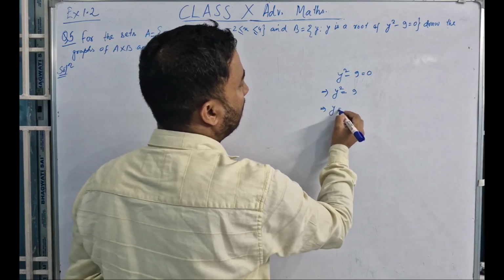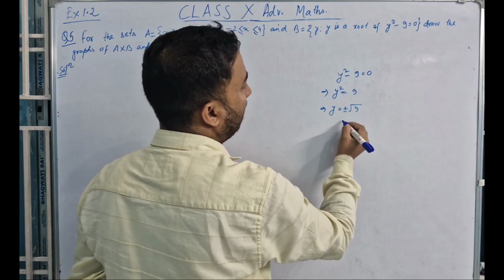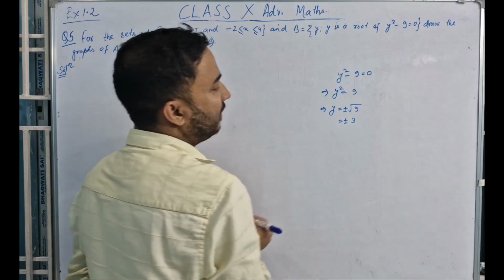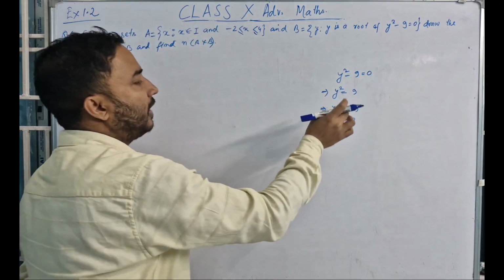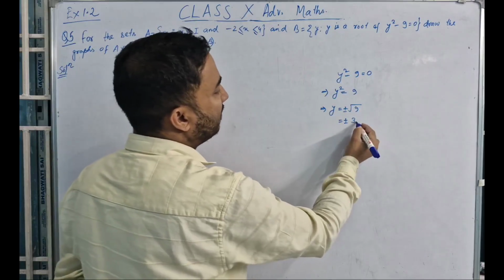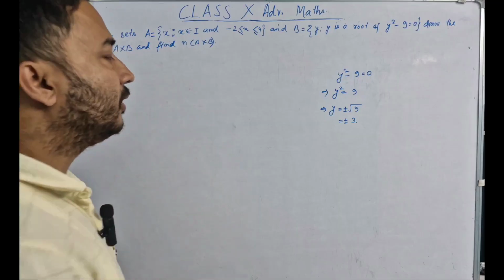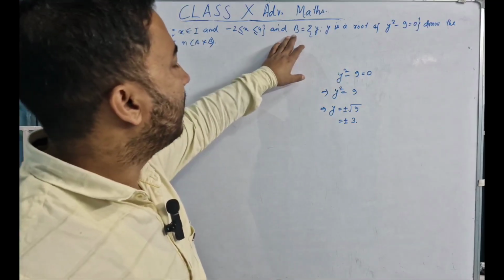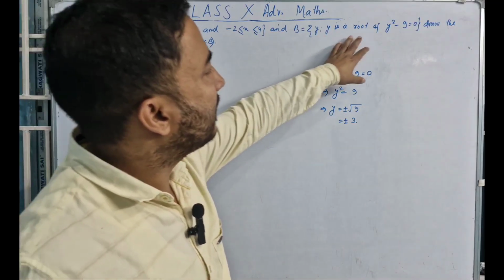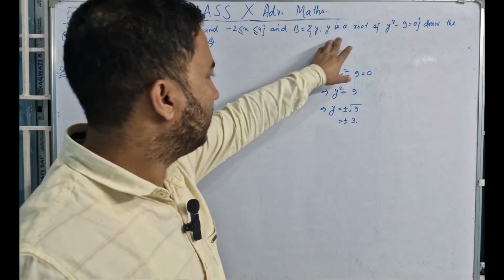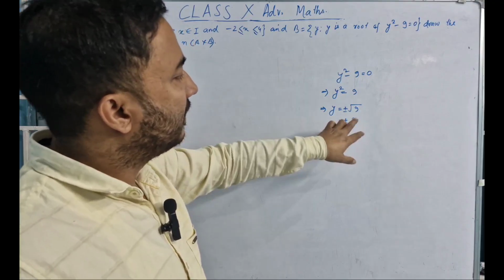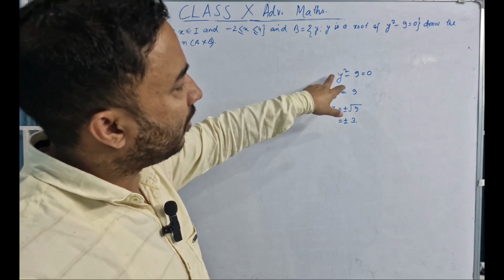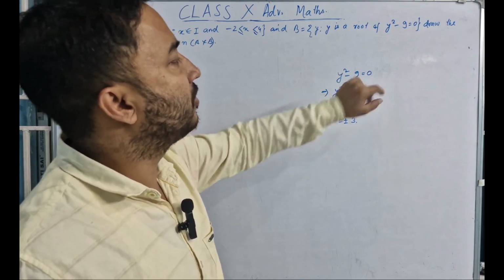So y will be equal to plus minus root over 9, equal to plus minus 3. So we have two values, plus 3 and minus 3. These are the two elements of the set B. Though the elements are not directly given to us, it is in set builder form. The element is a root of the equation y square minus 9 equal to 0.